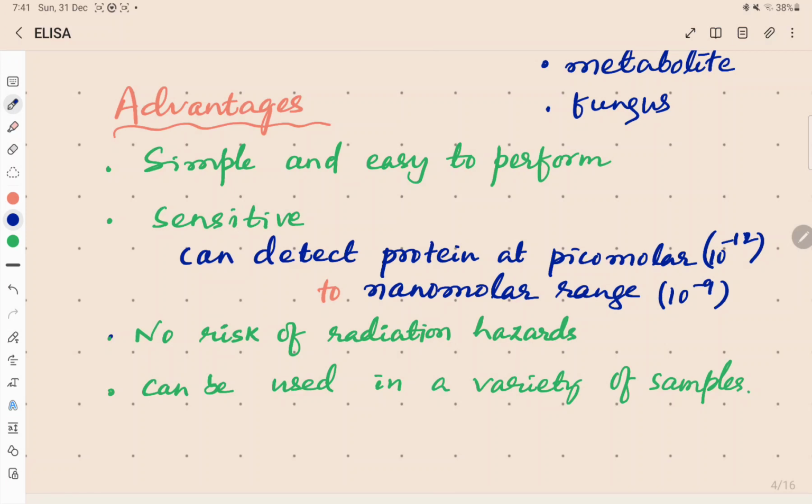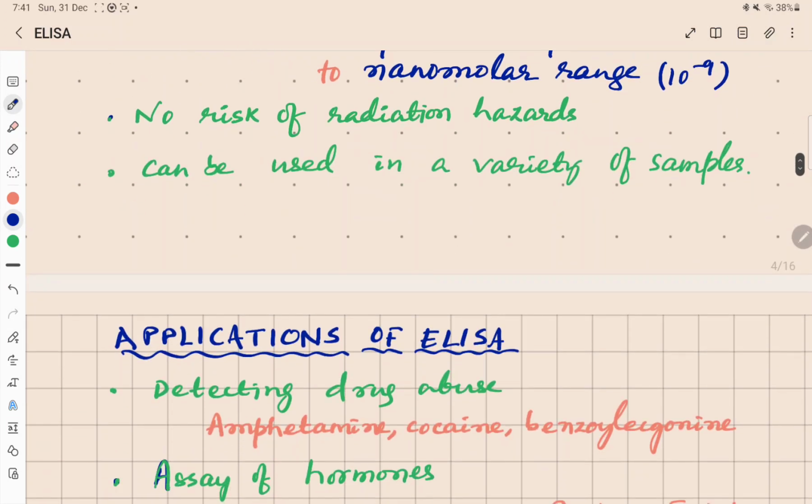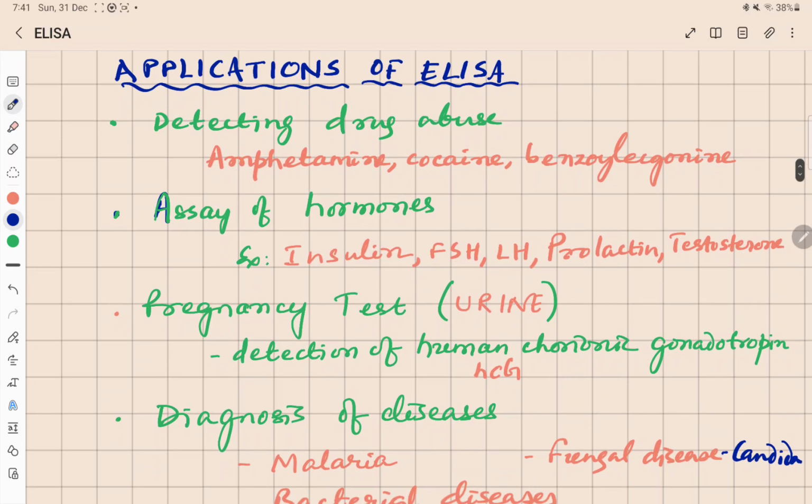So it is sensitive, and unlike radioimmunoassay, there is no risk of radiation hazard, and it can be used with a variety of samples, as we said, urine, blood, saliva, etc. So these are the advantages.